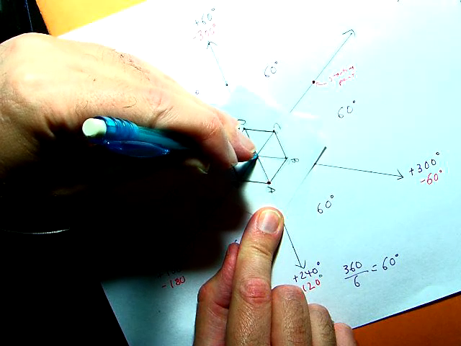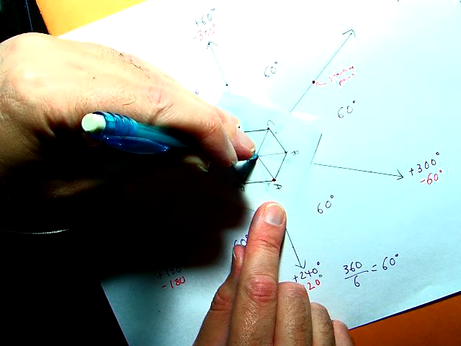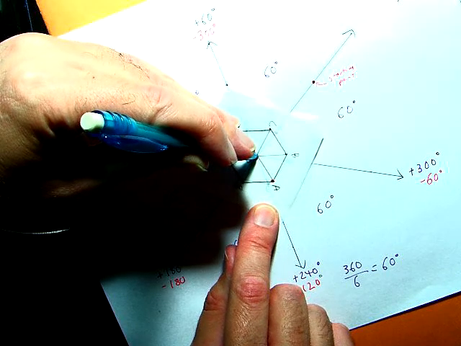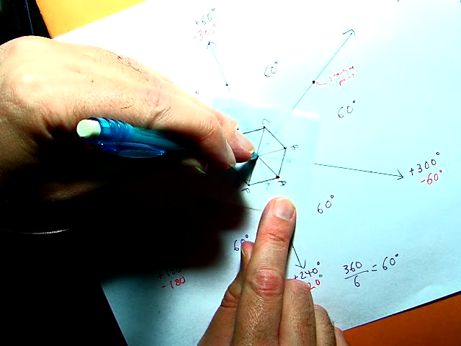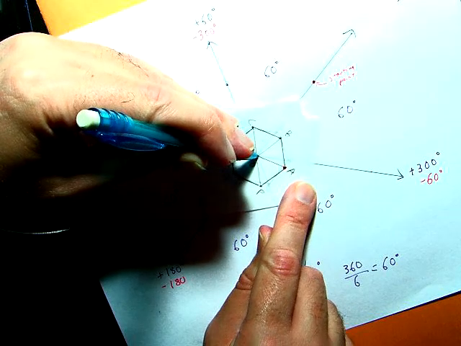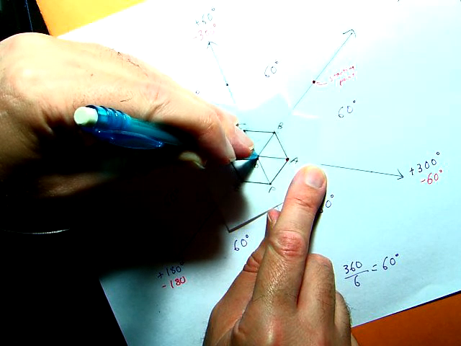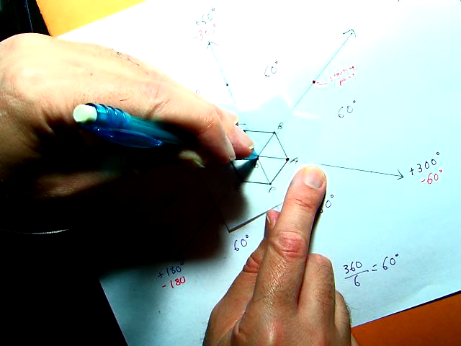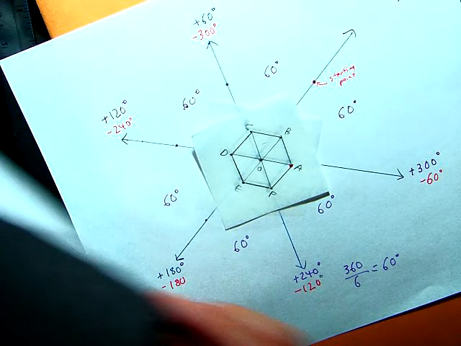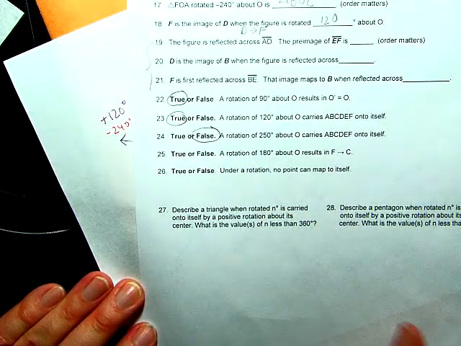So the angle measure has to be a multiple of 60 in order for the figure to map onto itself. If 250 was about there, it wouldn't map again until 300. So 250 will not carry A, B, C, D, E, F onto itself. So number 24 is false. It has to be a multiple of 60 degrees.